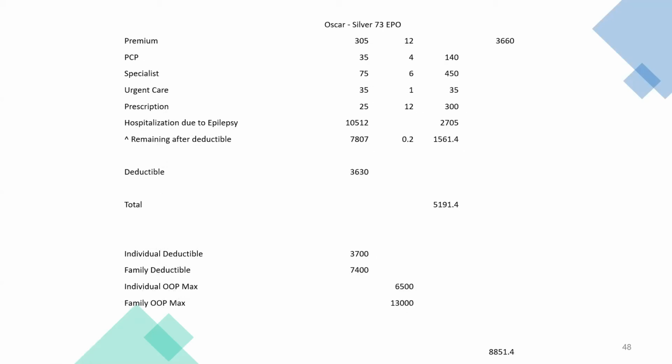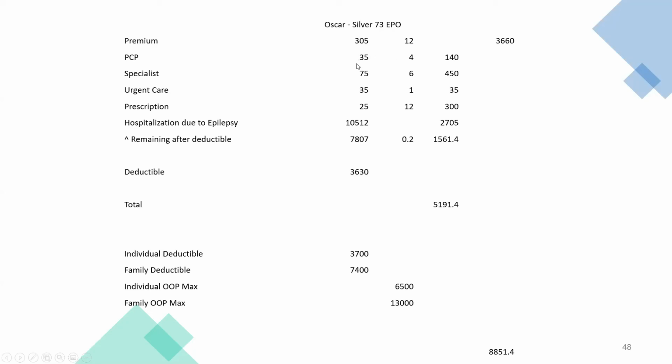All right, let's do that on the silver plan. Okay, so with the silver plan, we've got a premium of $105, 12 months, total yearly premium $3,660. Primary care physician $35.